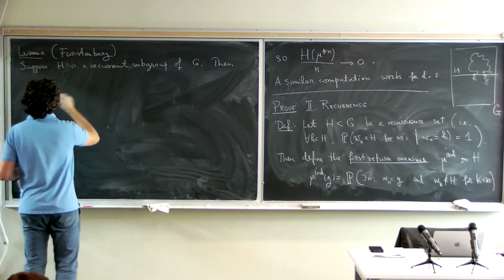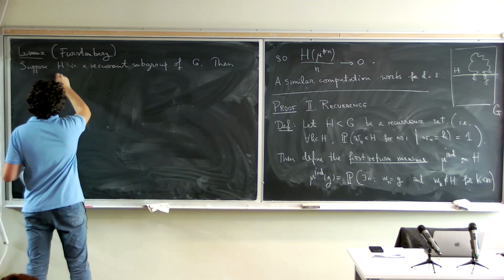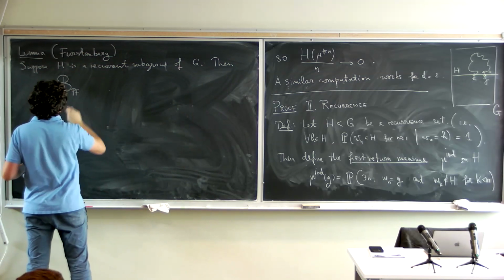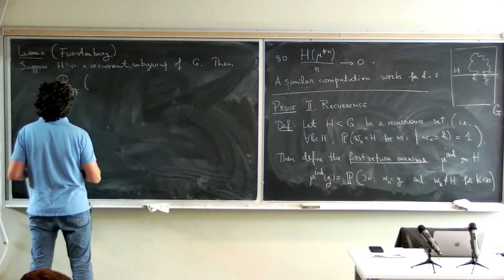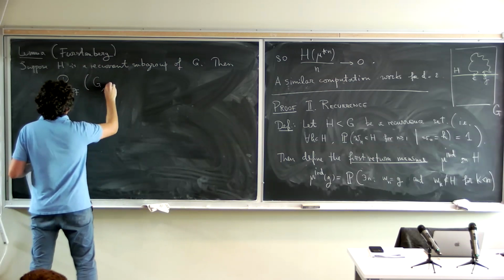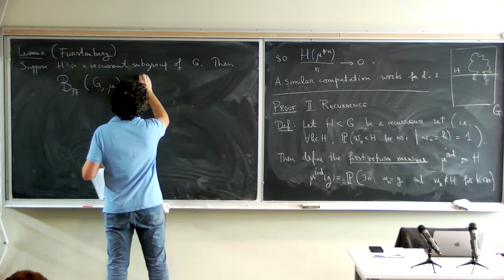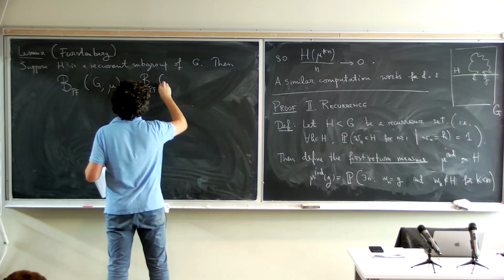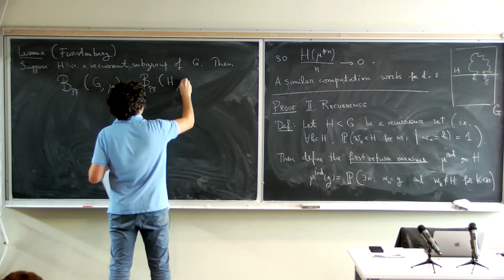So the Poisson boundary of G with mu is the same as the Poisson boundary of H with the induced measure.